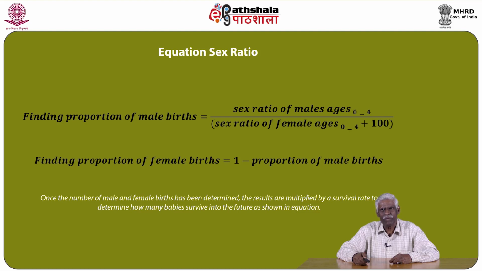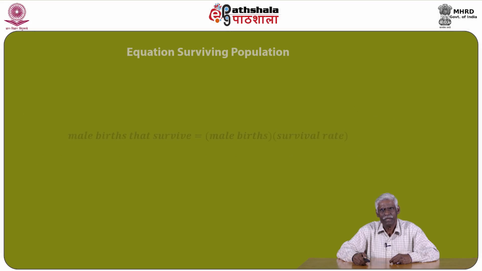Once the number of male and female births has been determined, the results are multiplied by a survival rate so as to determine how many babies survive into the future, as shown in the equation. Surviving population, that is male births that survive, is equal to male births times survival rate.